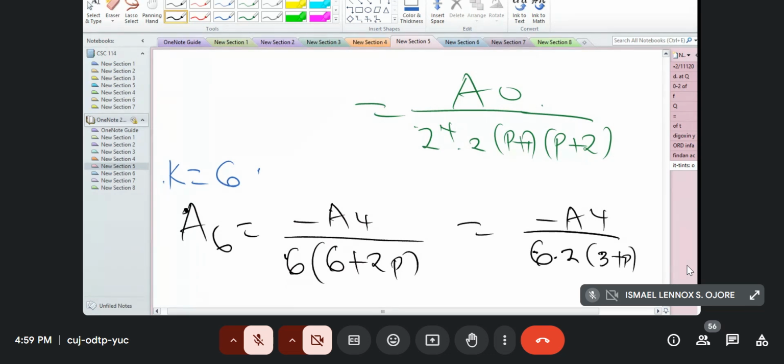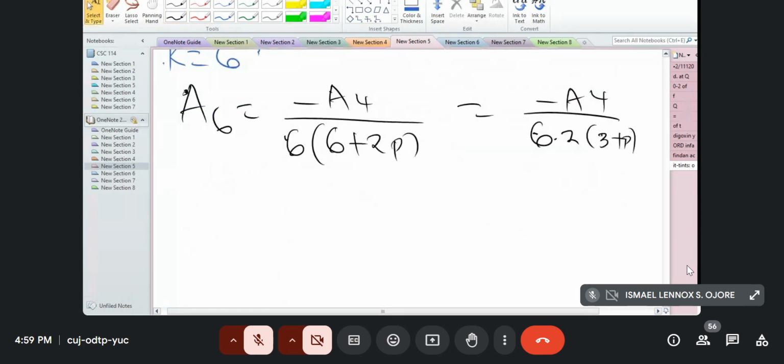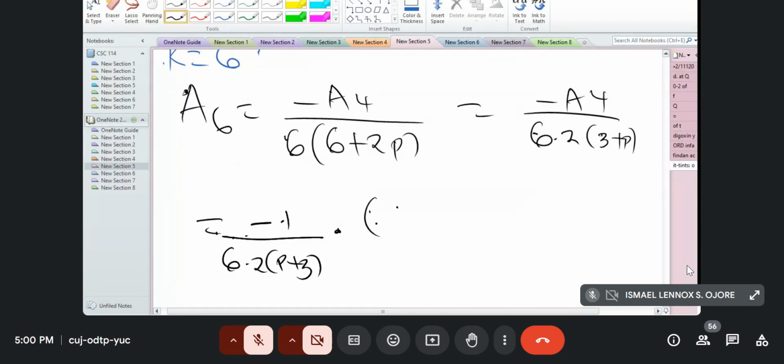But we have an expression for A4, so we can use it here. Our A6 is given in terms of A4, but we have our A4. So we'll have minus 1 divided by 6 times 2 into P plus 3 times, what is our A4? A naught over 2 power 4 times 2 times P plus 1 times P plus 2.